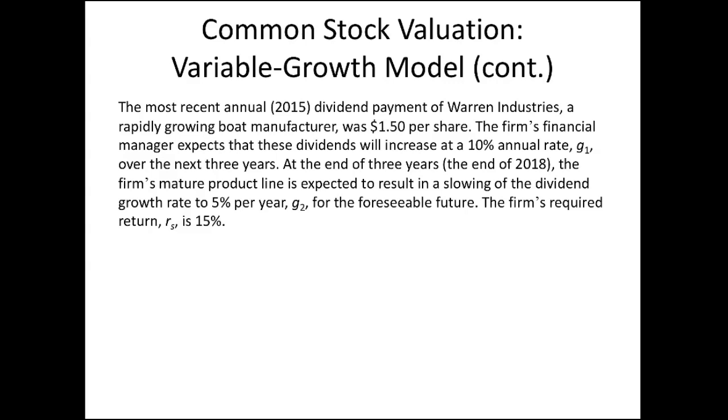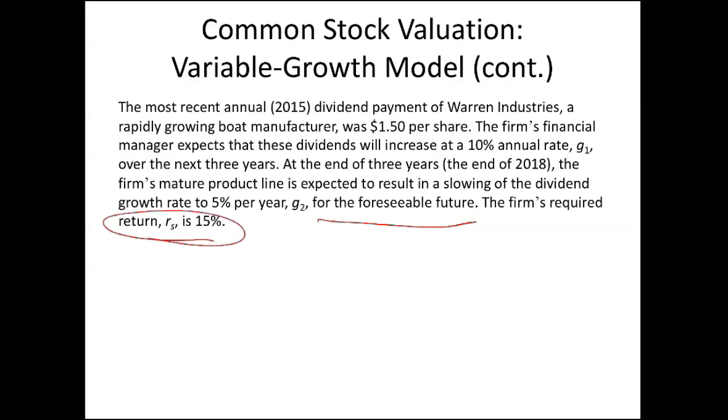At the end of the 3 years, the firm's mature product line is expected to result in a slowing of the dividend growth rate to 5% per year for the foreseeable future. That's code for long-term constant growth rate. And the firm's required rate of return is 15%.